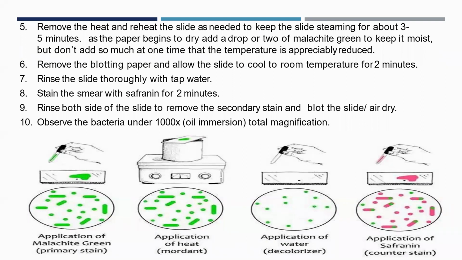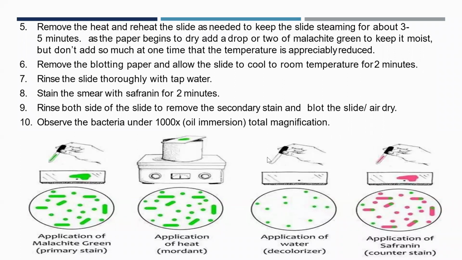It will heat the smear, and that heat will act as the accentuator for the staining of the cells. Add the malachite green, see whether steam is coming out from the smear, observe the evaporation of the stain, then add it again. You have to do this for 3 to 5 minutes.